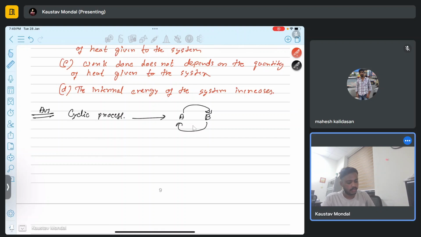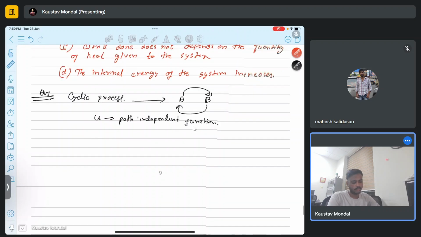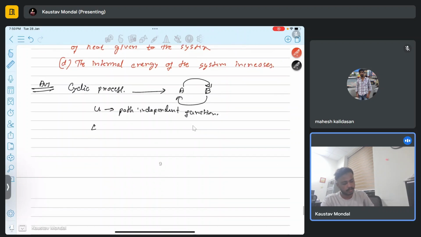And one of the path independent functions is U, internal energy. It only depends on the starting and ending point. So here delta U will be equal to 0 for a cyclic process.